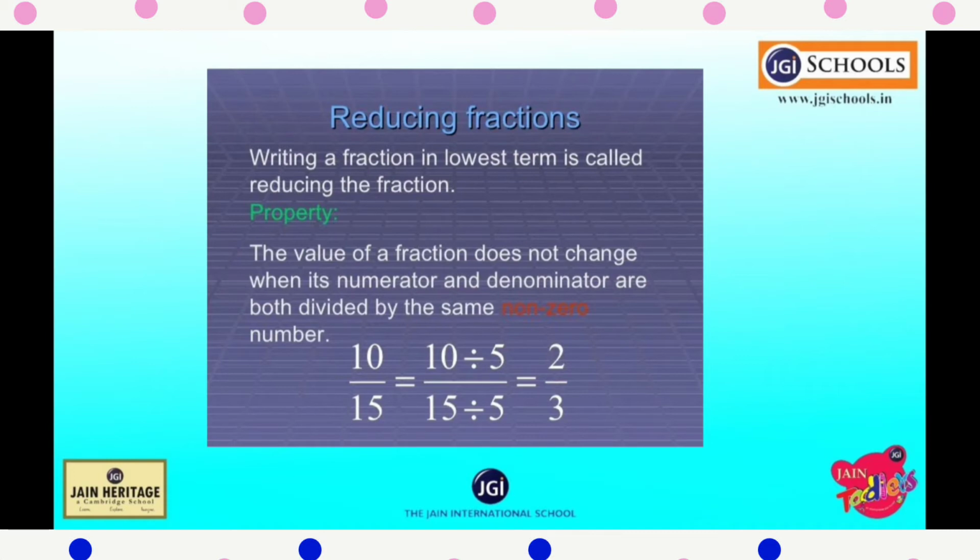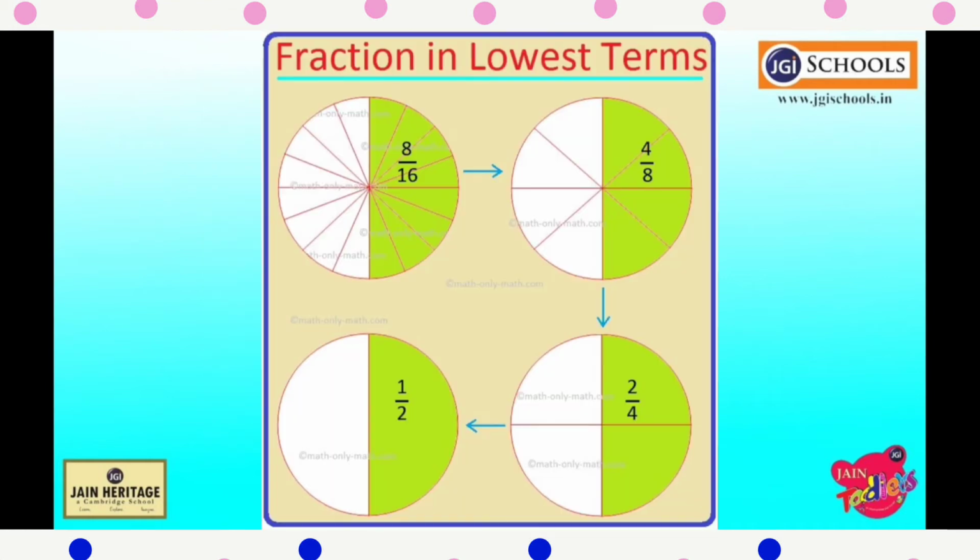If we are dividing by the same non-zero number, okay, pay attention here, it is by the same non-zero number. So 10 by 15 will become 10 divided by 5 over 15 divided by 5. If we are dividing by 5 in the numerator and denominator, what will you get here? 2 upon 3. Why are we dividing by 5? Because 5 is the number which is common in the numerator and denominator. Okay, and these two numbers are divisible by 5.